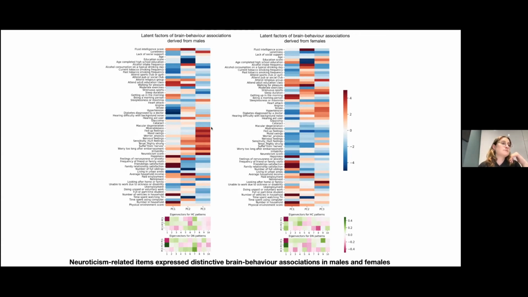In males, it is highly present, but not in females. In females, we rather observe phenotypes related to cardiovascular metabolism, such as heart attack, angina, stroke, hypertension, and diabetes. So it could suggest that neuroticism is a personality trait that interacts with hippocampus default network covariation patterns in a male-specific way.